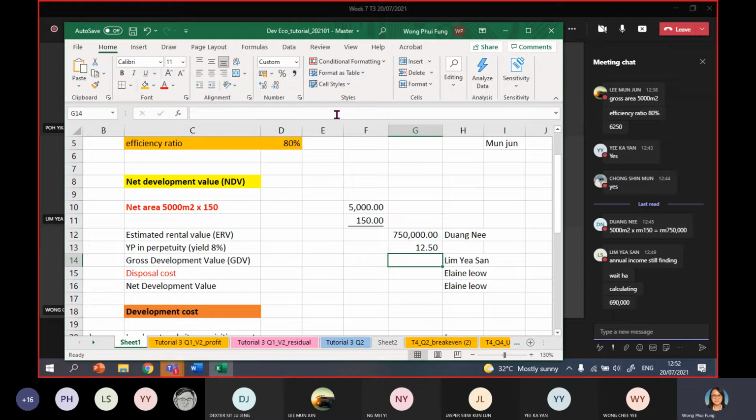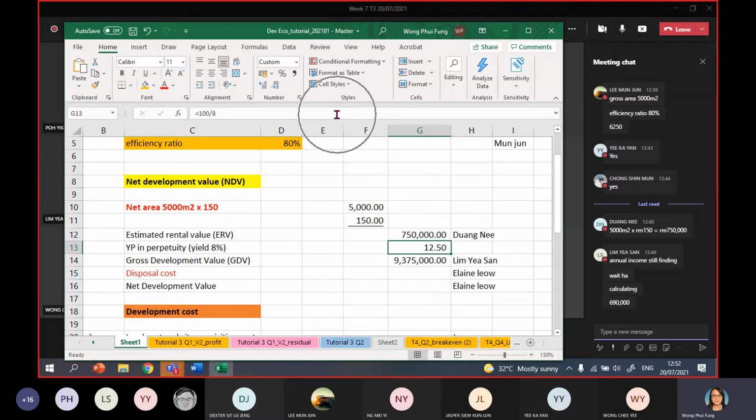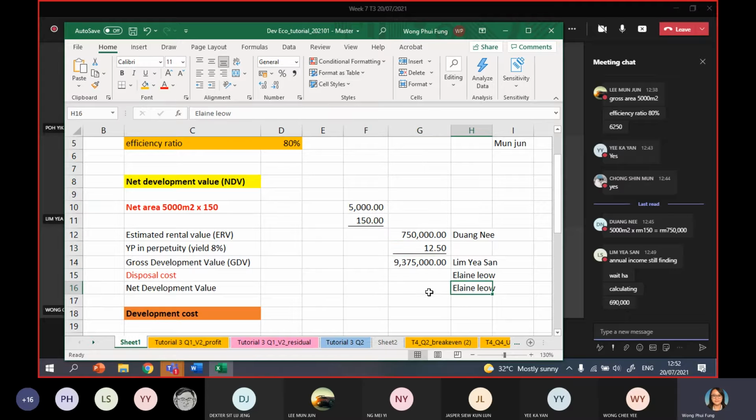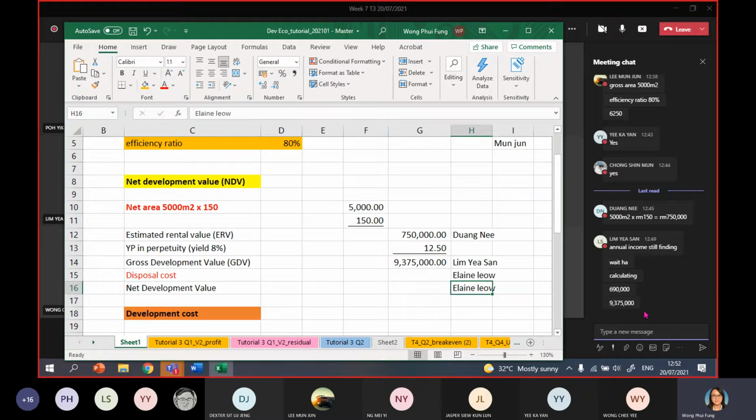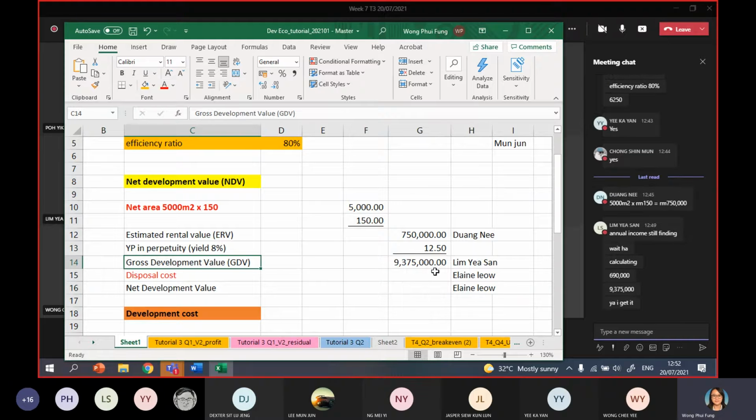So in order to get the GDV, you have to use the ERV times the YP in perpetuity. So that is the answer. You know your mistake or not? I don't know how you get 690,000. Yeah, that is the answer. So the GDV is this one.